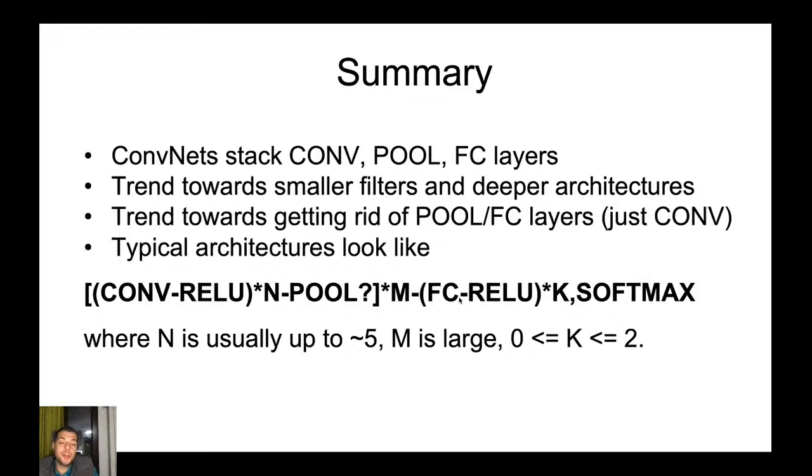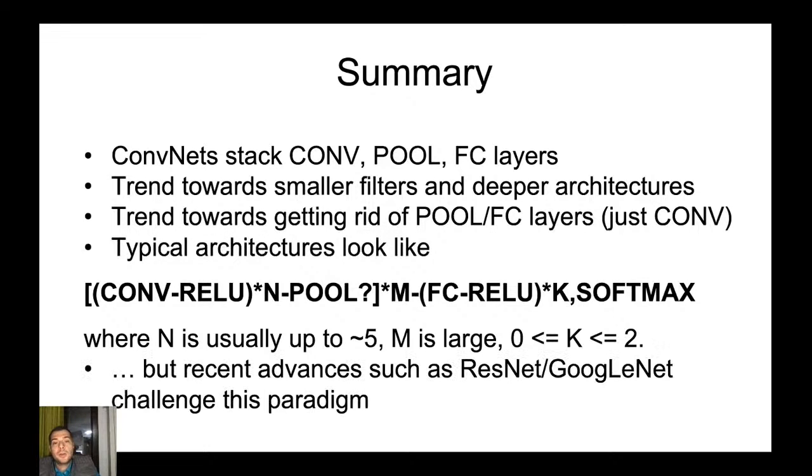Then we have some fully connected layers which might be missing completely, and then we have the softmax classification layer. Okay, so this is the summary. And as I said before, ResNet and GoogleNet challenge this typical regex by using alternative pathways and skip connections and so on.